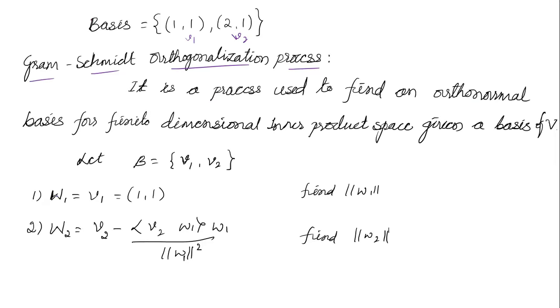Next, let W1 be equal to V1, that means (1, 1). Second step is W2 is equal to V2 minus the inner product of V2 and W1 divided by norm of W1 square.